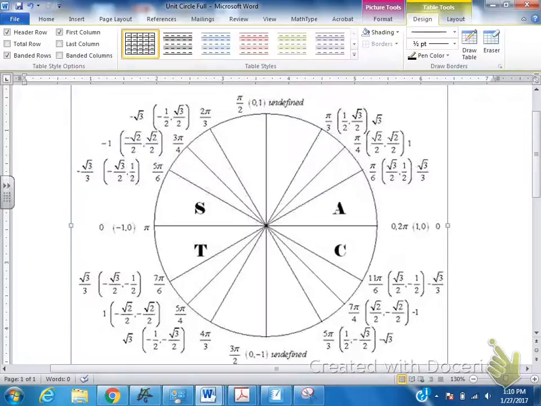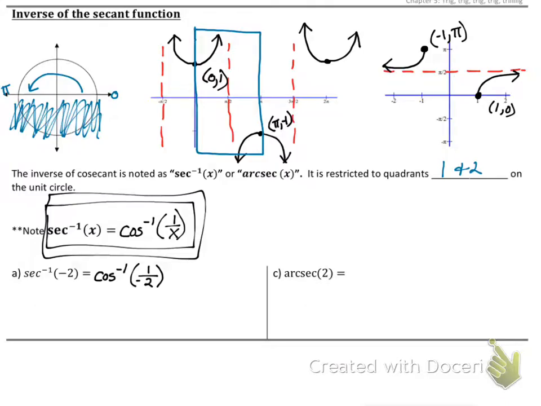So if we look for negative 1/2, and I have to stay in quadrant 1 or 2, it's going to be right here, which is 2 pi over 3. So that's going to equal 2 pi over 3.